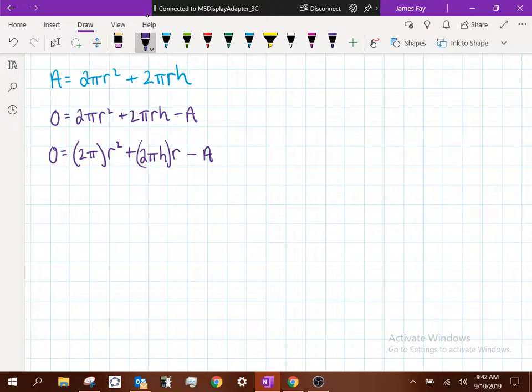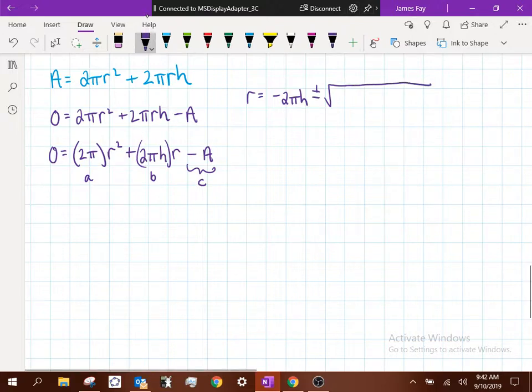The reason I put them in parentheses that way is because now that's my a term, that's my b term, and that's my c term, right? So then r will equal the opposite of b, plus or minus the square root of b squared, which is going to be what, 4 pi squared h squared?